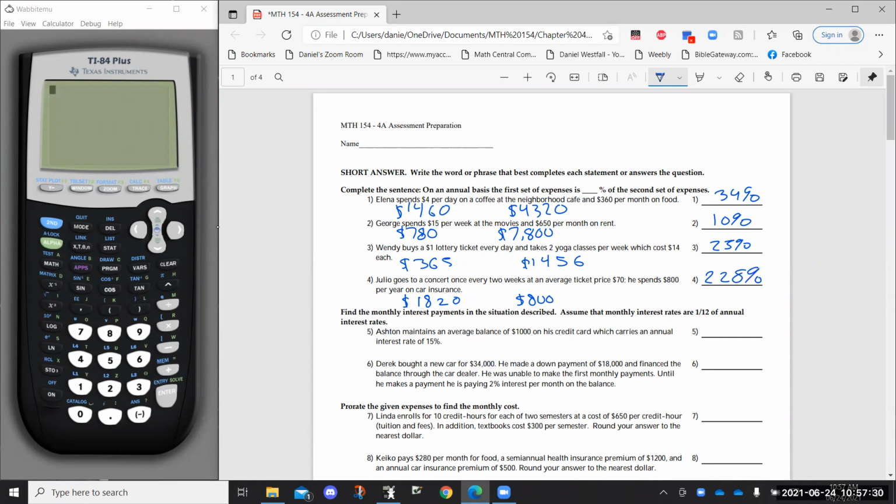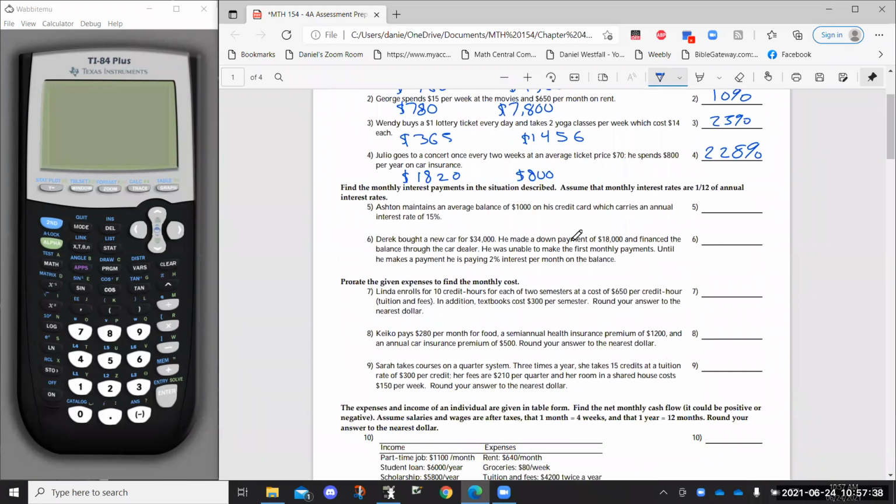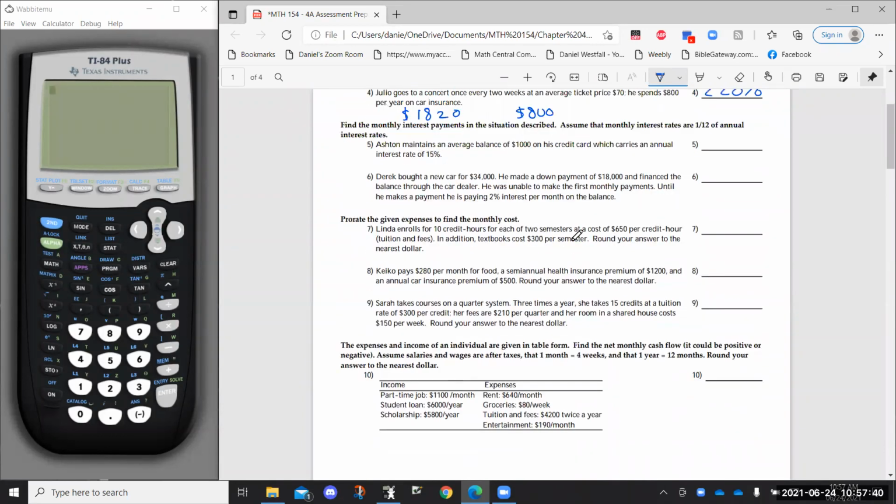So moving on, find the monthly interest payments in the situation described. Assume the monthly interest rate's 1/12 of the annual interest rate. So Ashton maintains an average balance of $1,000 on his credit card, which carries an annual interest rate of 15%.